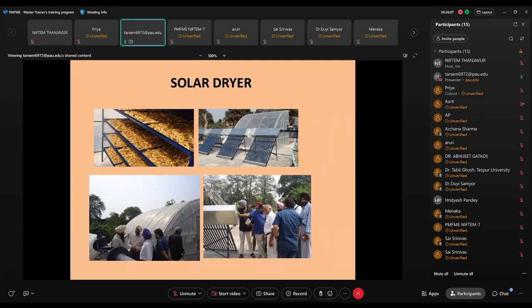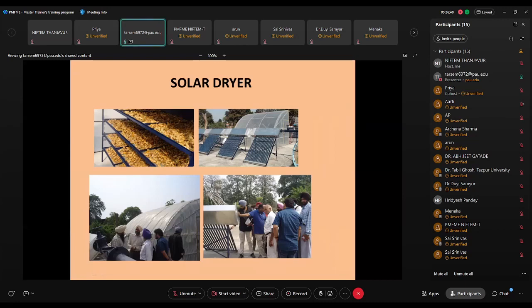You can see here the solar collectors are of evacuated tubes. These are a very efficient method of heating the air, and the air heated from these solar collectors is put into this poly house, or greenhouse type structure.